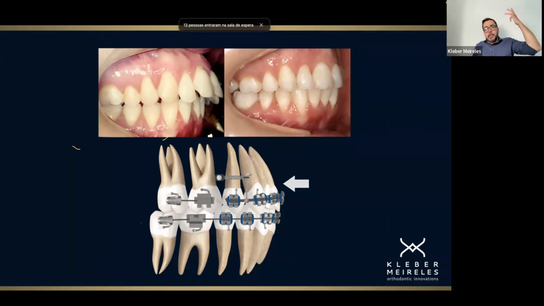In this case, it is necessary because I need control. I need good anchorage for this. So I'm applying the mini implant at approximately 8 millimeters high, and I'm putting the force in the hook very horizontal, completely horizontal in relation to the occlusal plane.